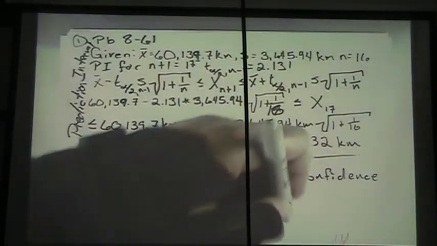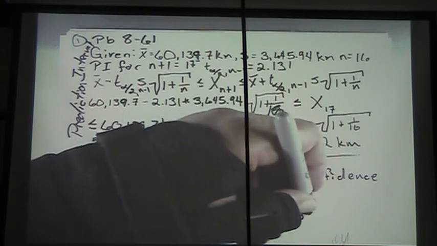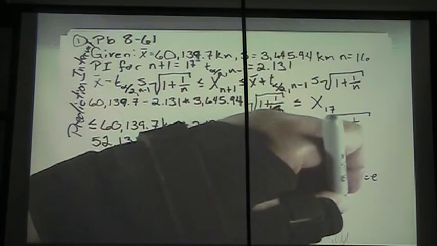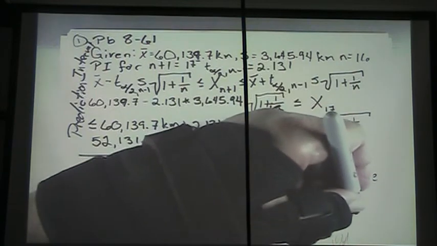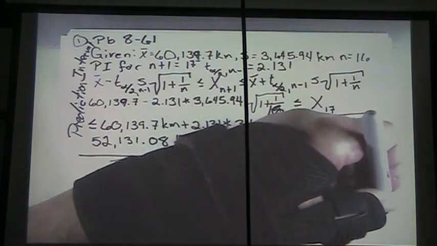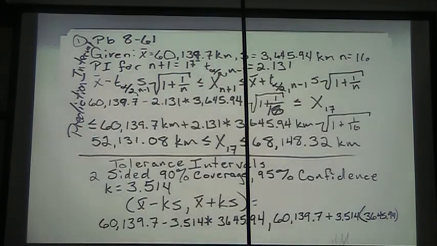My upper end is going to be 60,139.7 plus 3.514 times 3,645.94.